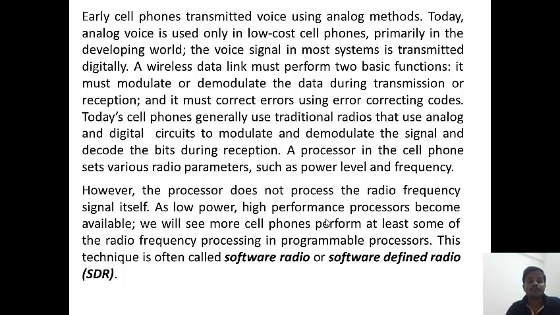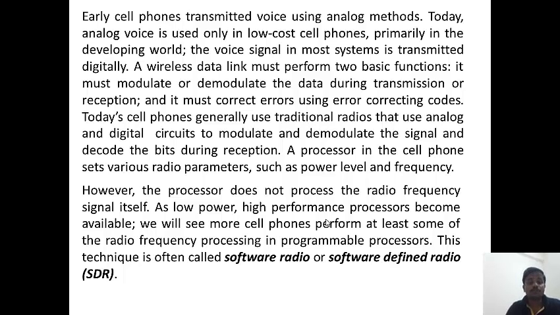Today's cell phones generally use traditional radios that use analog and digital circuits to modulate and demodulate the signal and decode the bits during reception. A processor in the cell phone sets various radio parameters such as power level and frequency.